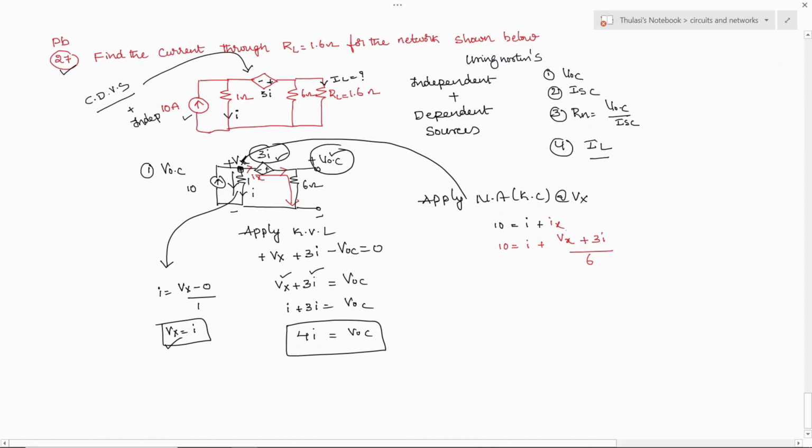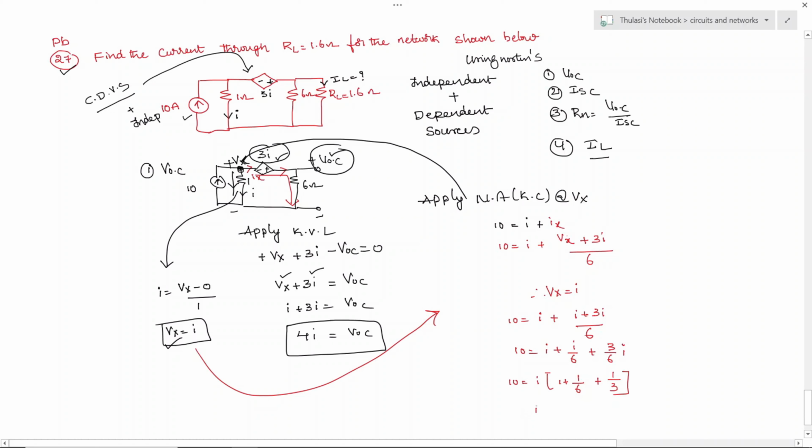Okay, already we know the value of I. Since from this definition Vx is equal to I, so 10 is equal to I plus 3i by 6. Okay, so when you solve it, 10 is equal to I plus I by 6 plus 3 by 6 i. Therefore 10 is equal to, take I as common, I times 1 plus 1 by 6 plus 1 by 3.